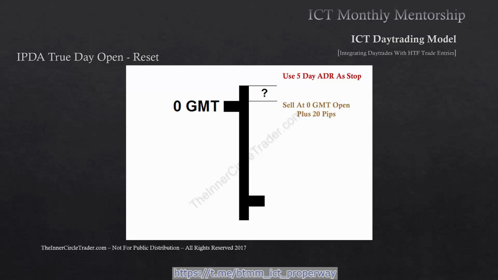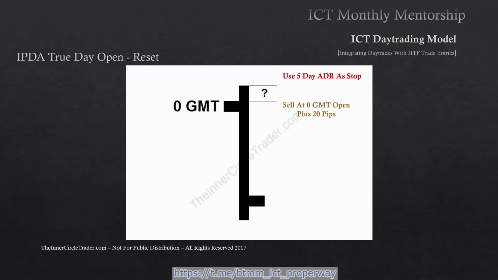So what you're doing is you're protecting yourself and building in enough of a filter or a barrier, if you will, that the likelihood of price rallying from the open at 0 GMT 70 pips before going down with a down close is highly unlikely, especially if we've seen a previous day or yesterday trading from a premium PD array from a daily chart.